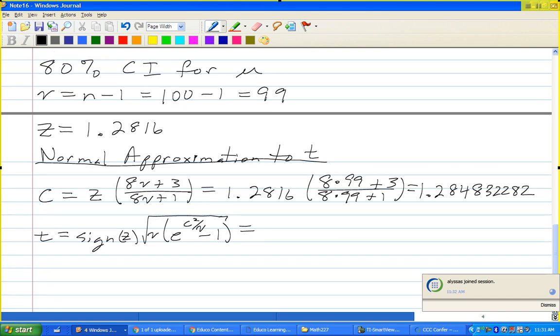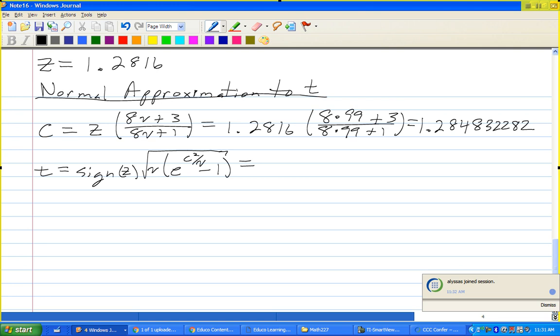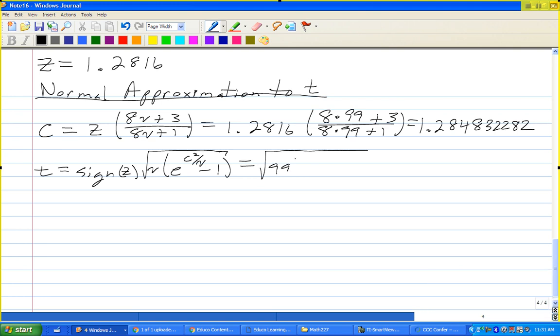I'm just going to take the positive one. So the square root of 99 times e to the 1.284832282 squared divided by 99, minus 1.